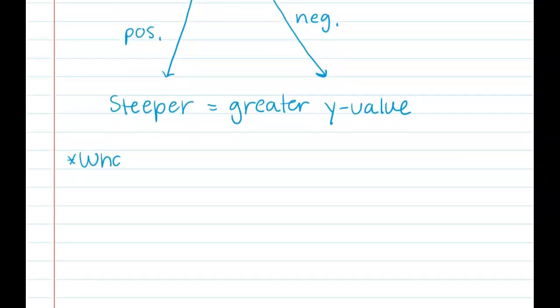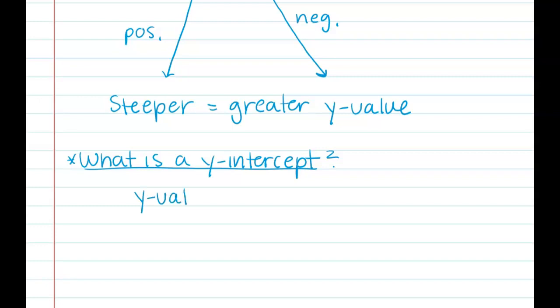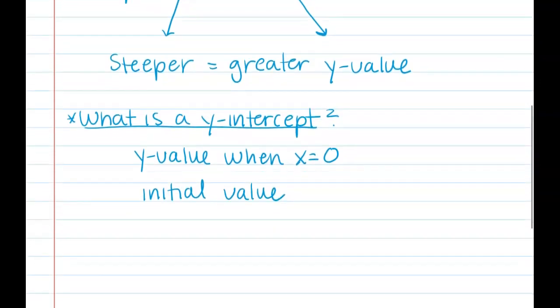Then we have y-intercept. What is a y-intercept? Well, it's the y value when x equals 0. Sometimes it's called the initial value, which is really the same thing. At 0, what's our y value?